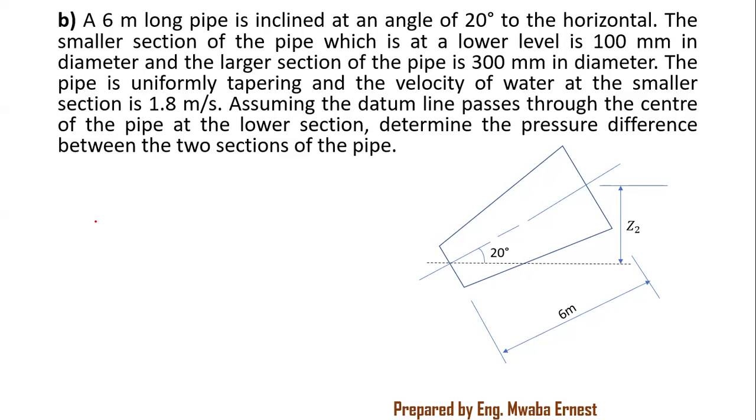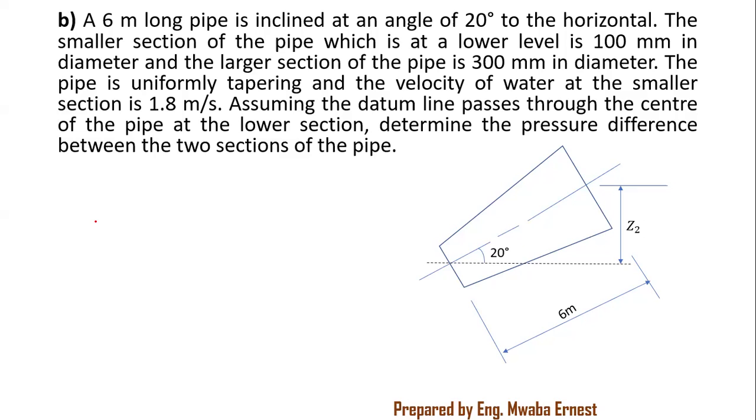The pipe is uniformly tapering and the velocity of the water at the smaller end is 1.8 meters per second. Assuming the datum line passes through the center of the pipe at the lower section, determine the pressure difference between the sections of the pipe.